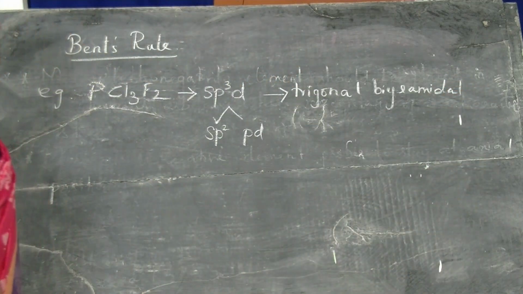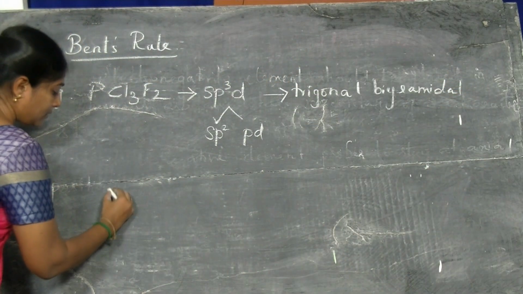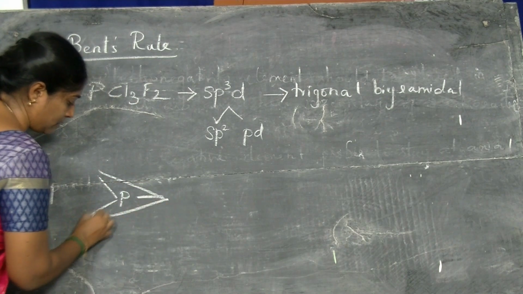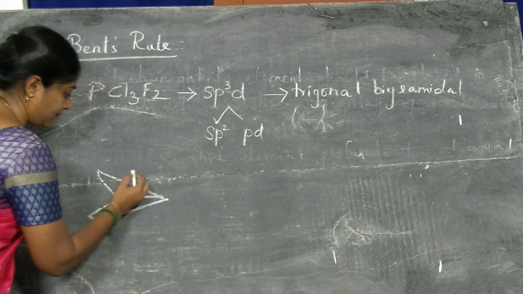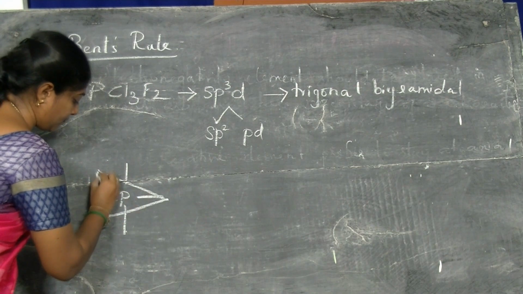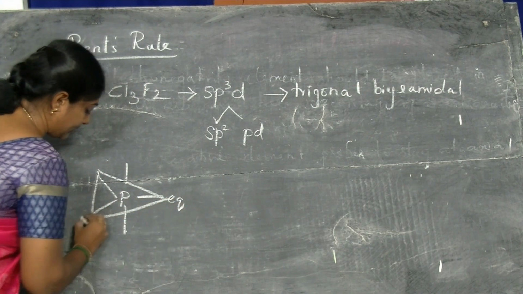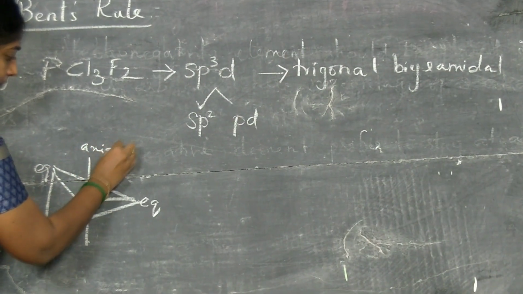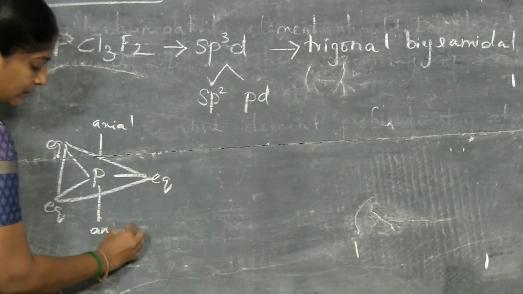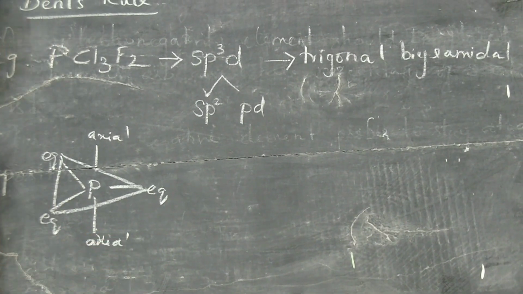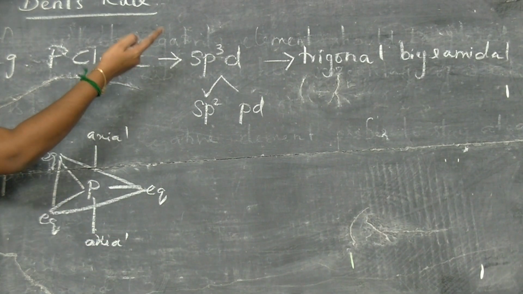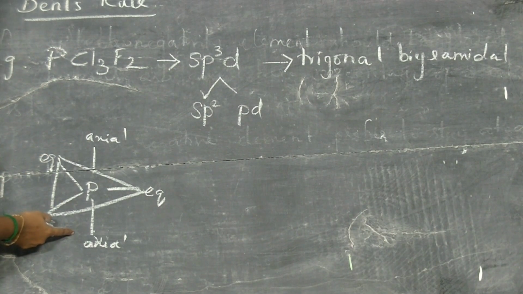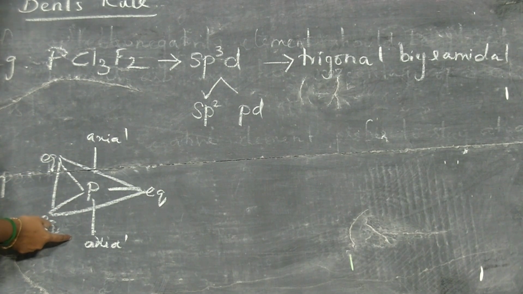How will the structure be? The structure will be like this. This is the structure of trigonal bipyramidal. These two are axial positions.